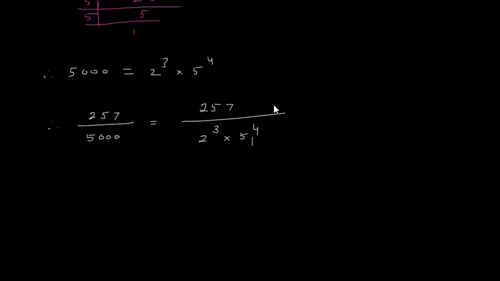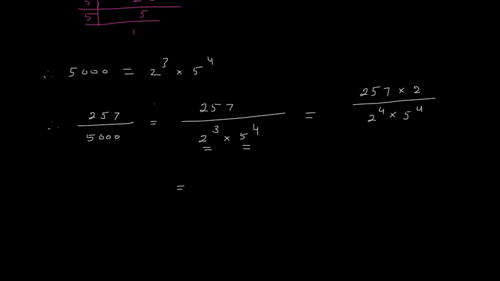Now 2 into 5 is 10, right? As here 5 has got power 4 and 2 has got power 3, first I will multiply the numerator and the denominator by 2. So the denominator will become 2 power 4 into 5 power 4.